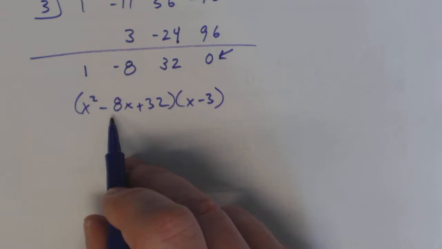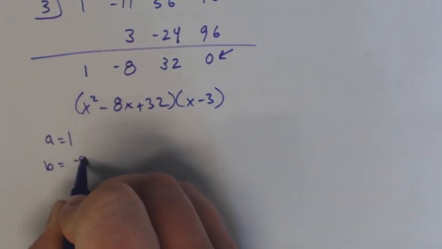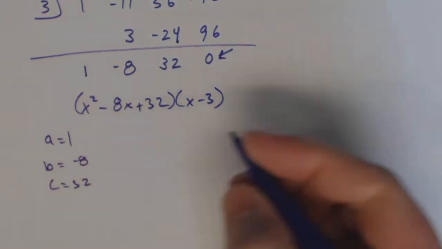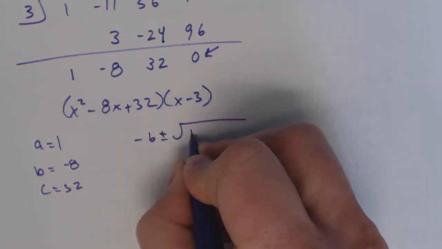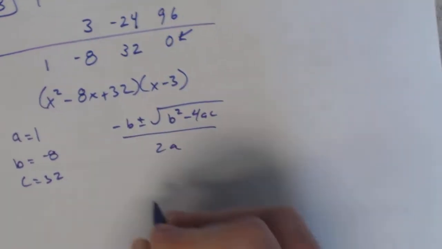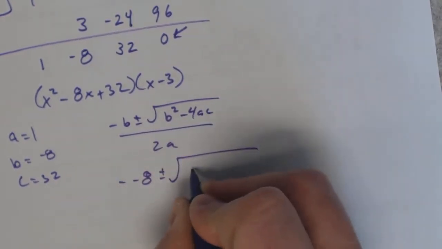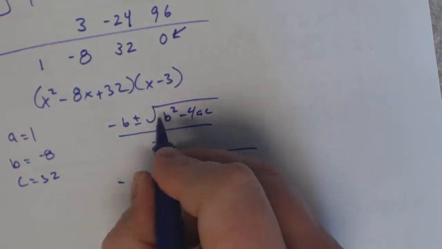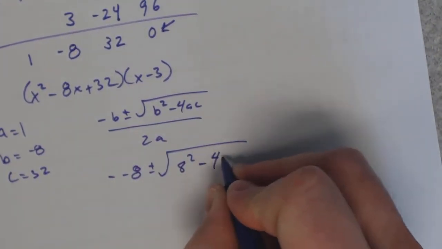Nothing pops in my head, so I'm going to jump into the quadratic formula. Negative b plus or minus the square root of b squared minus 4ac, all over 2a. Negative negative 8, plus or minus 8 squared. I'm not going to put the negative on this because I'm going to square it anyways.